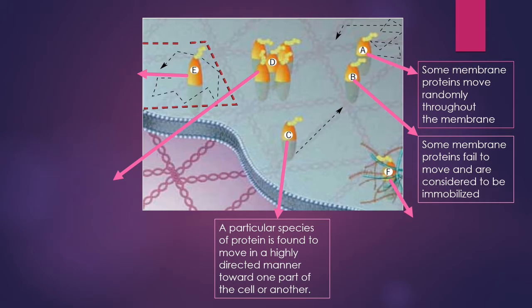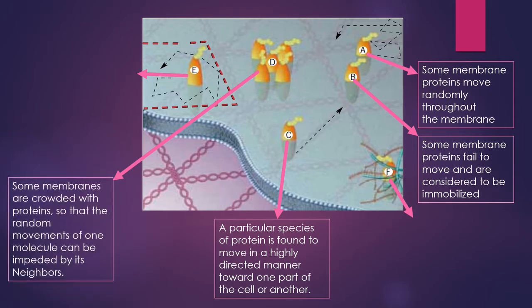It is apparent that plasma membrane proteins are not totally free to drift around randomly on the lipid sea, but instead they are subjected to various influences that affect their mobility.